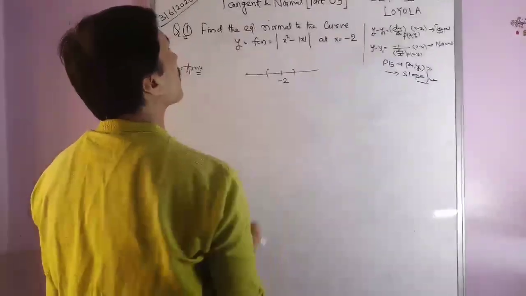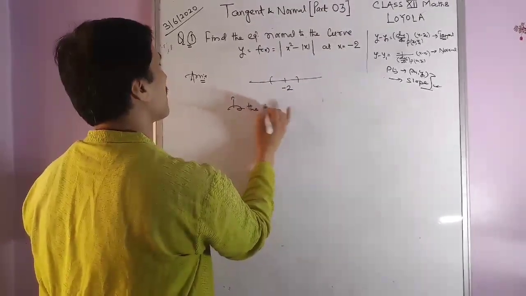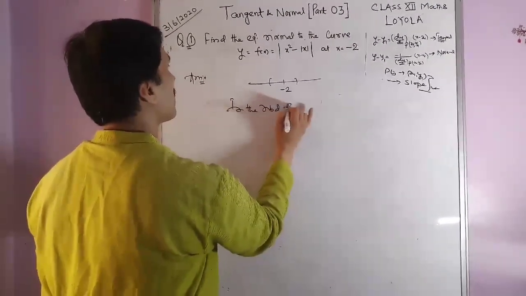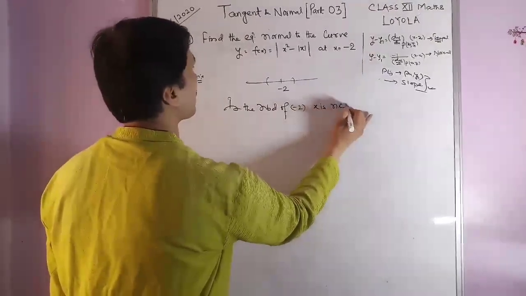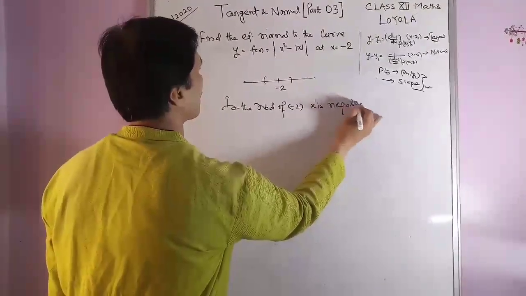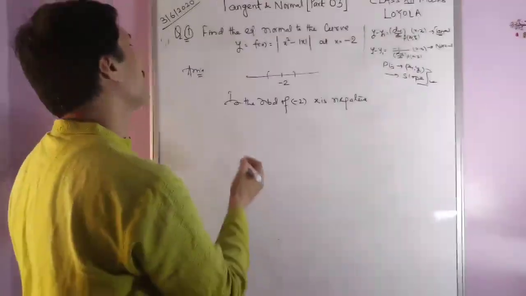In the neighborhood of minus 2, x is negative. Around minus 2, x is negative.